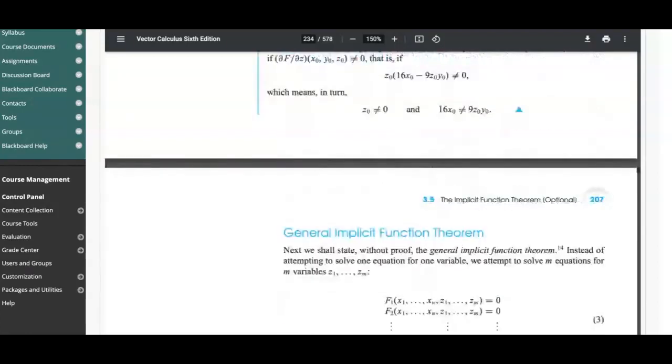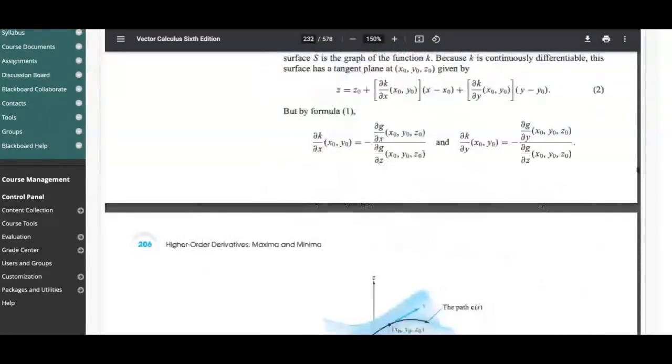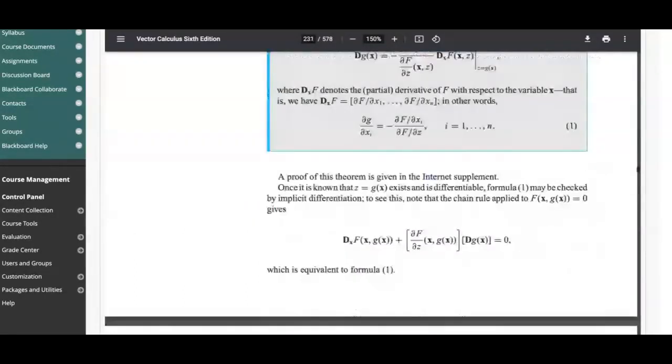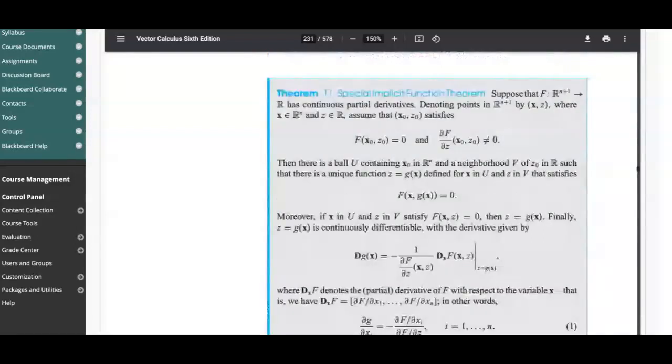Maybe let's go back a little bit to see the precondition of the setup. So f itself is a real valued function from n plus 1 space to 1 space. So f takes x, then one more direction, the z direction, and x is an n-space vector.